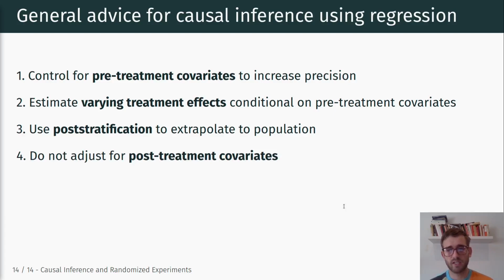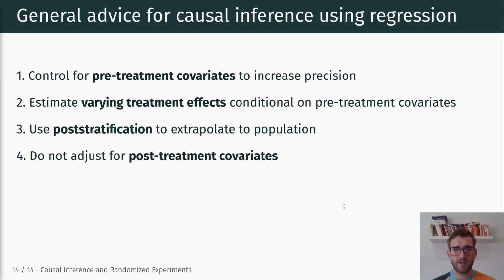Another important thing to keep in mind: while it is always advisable to control for pre-treatment covariates to increase the precision of your estimates when analyzing experiments, you should never adjust for post-treatment covariates. You should never adjust for variables that are measured after the treatment assignment and are potentially affected by treatment assignment.